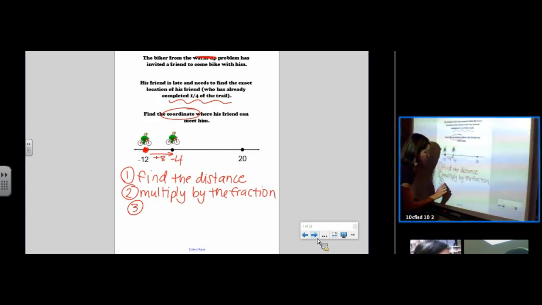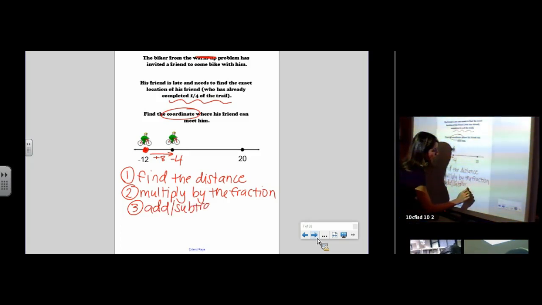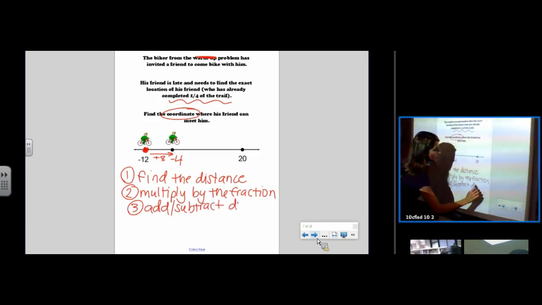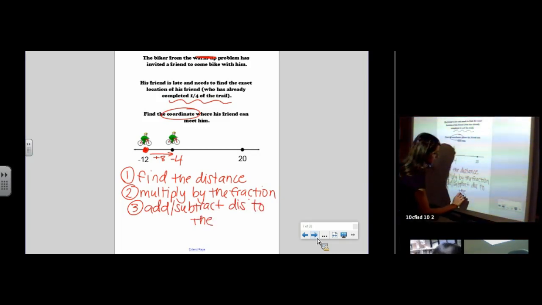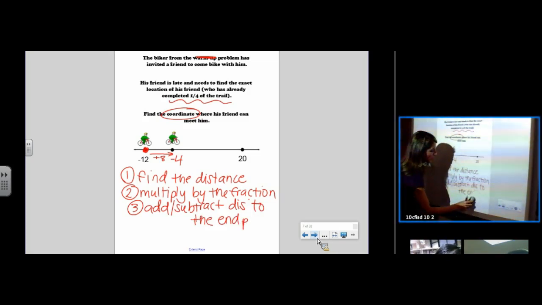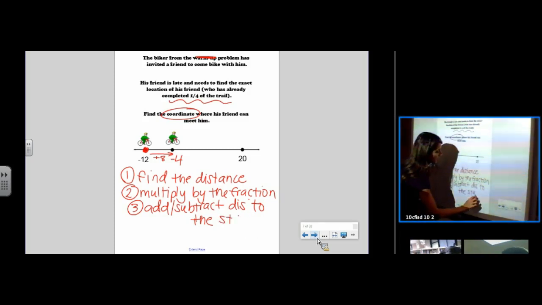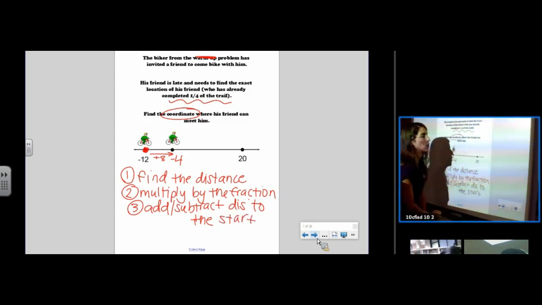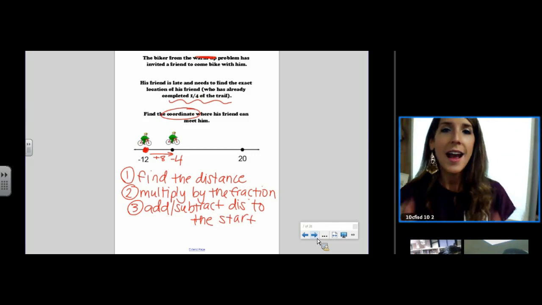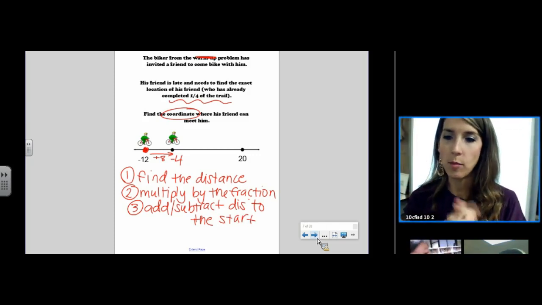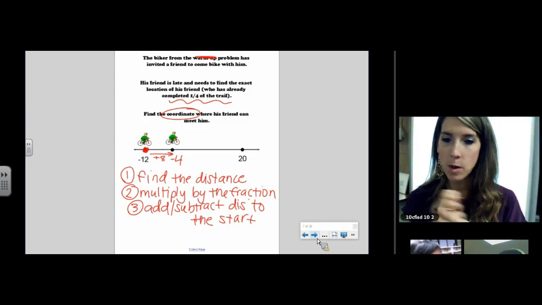So I'm going to say add or subtract, because sometimes you have to subtract, the distance to the start. So the last thing you do is figure out where did he start, and you add the distance to whatever the starting point is.